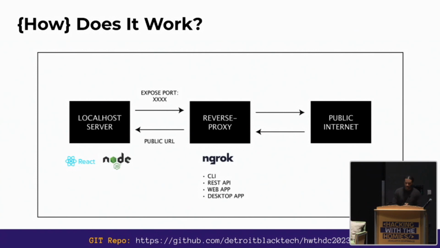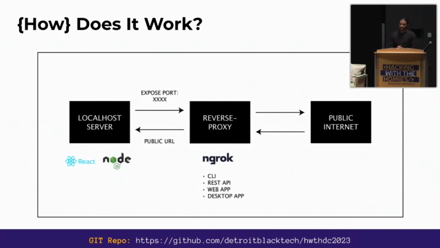So how does it all work? This is just a very basic rudimentary diagram of how everything kind of gels together. Here, can you see my cursor? You have your localhost, just assuming that you're in the JavaScript ecosystem. You're going to have React for the front end or Node.js on the back end, but this works with pretty much any technology, whether that's Python, Ruby on Rails, if anyone still uses that, Go, anything.